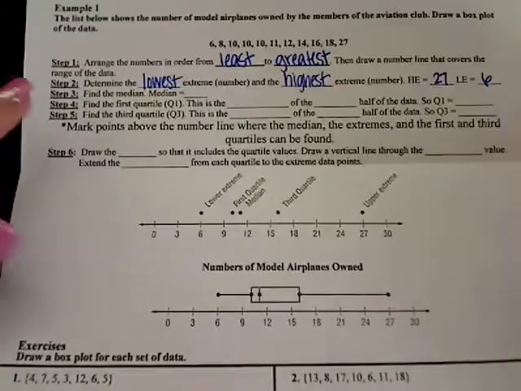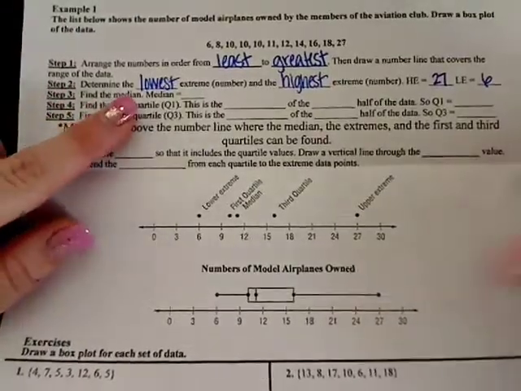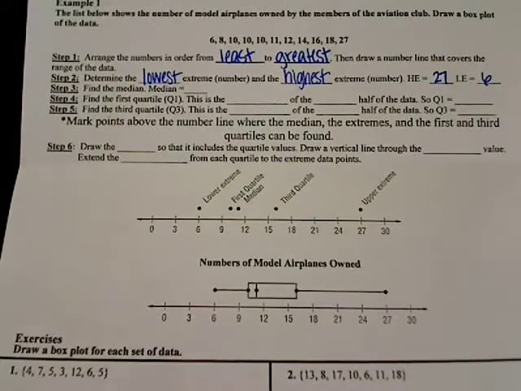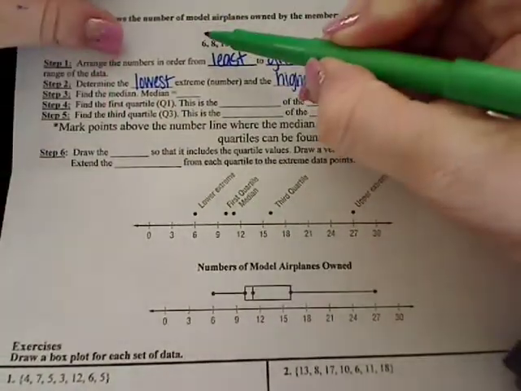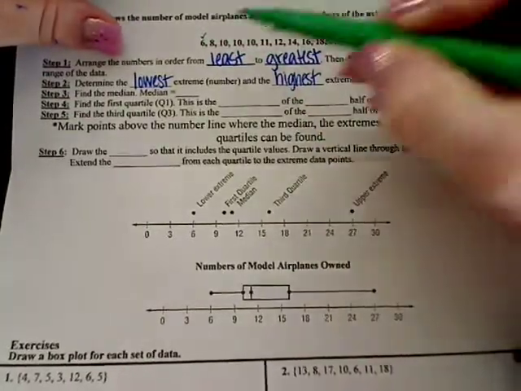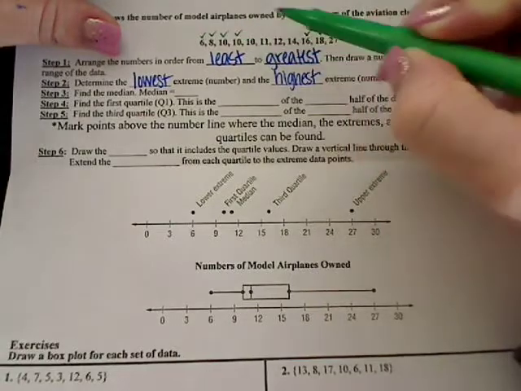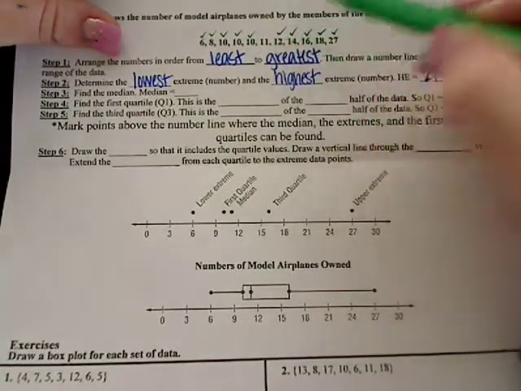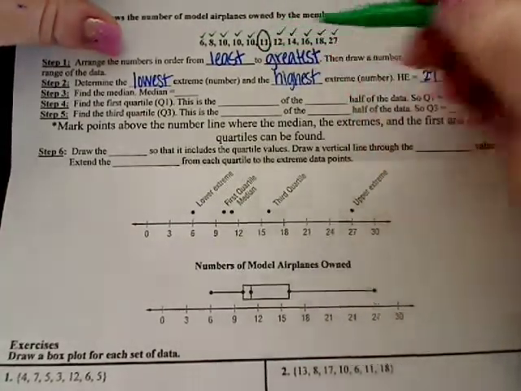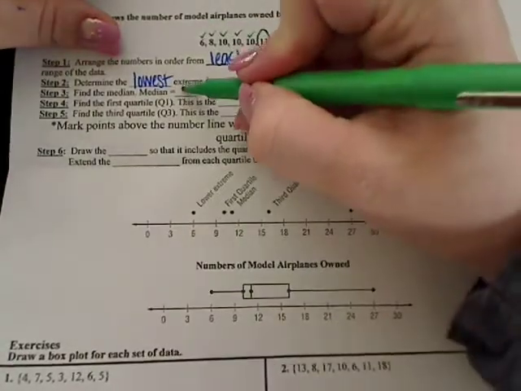Step 3 is to find the median or the middle. If I use my process of crossing off beginning, end, beginning, end, looks like my median is 11. So my median would be 11.